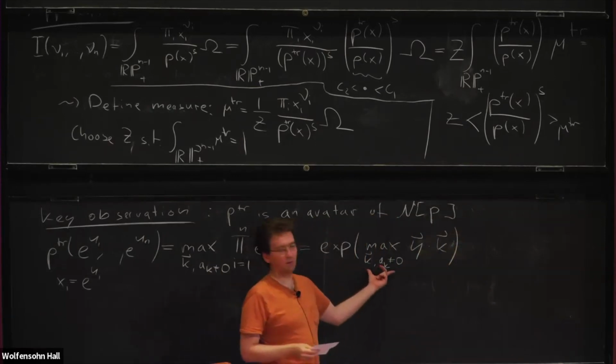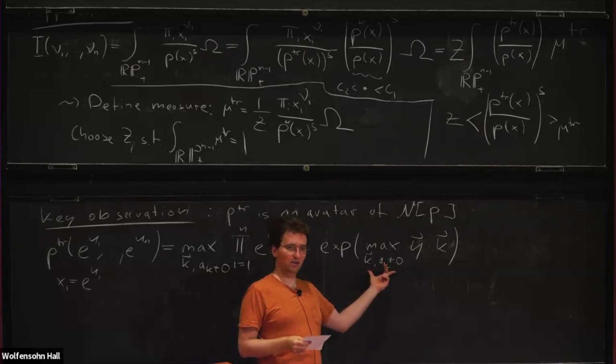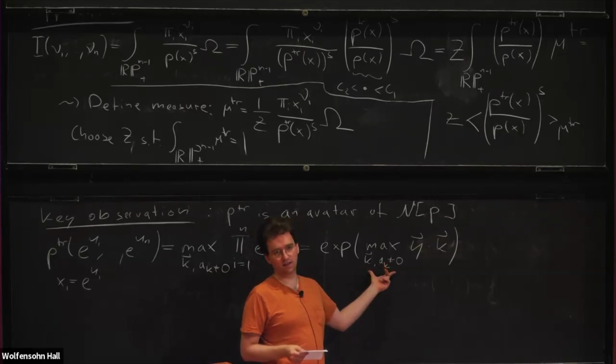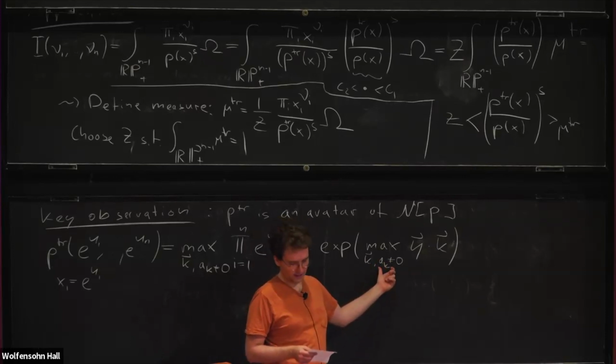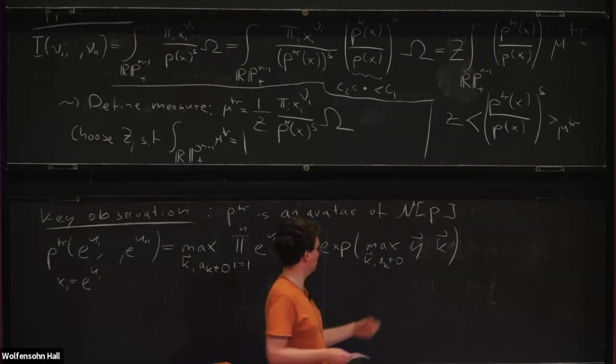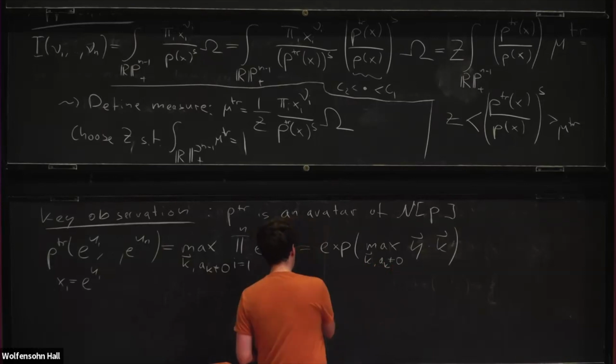So this maximum now sweeps over all the indices. And if you remember, this is just the definition of the Newton polytope. So we sweep over all these k's where a_k is not zero, and the Newton polytope is defined to be the convex hull of all these k's. So instead of sweeping over all these indices of the polynomial, we can also just sweep over the complete Newton polytope.